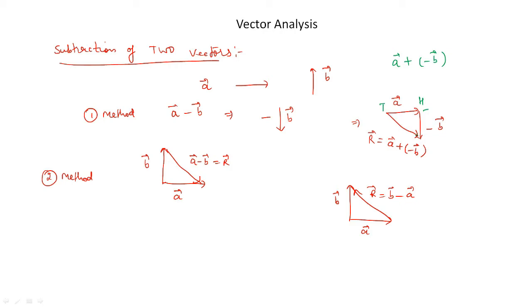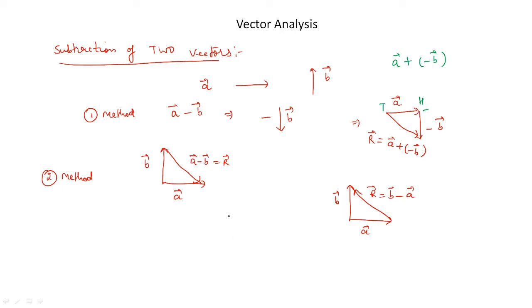So this is the resultant vector, and the head of the resultant vector will be towards the head of the minus B vector, and it is the tail of the first vector. So the tail of the resultant vector will be towards the tail of the first vector. So this will be the resultant vector, and it is equal to vector A plus minus vector B.